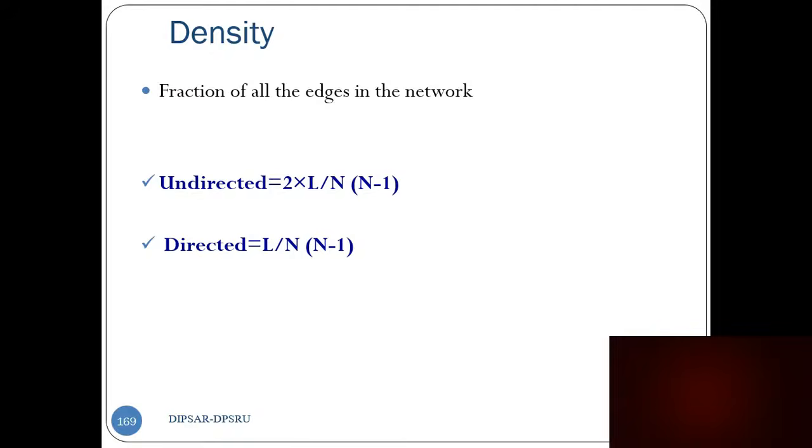Now my question to all of you is, why is there a difference? What is the difference in these two formulas for directed and undirected? Is there any difference in the formulas when we calculate the density? Density is the fraction. You are calculating the fraction of all edges in the network, right? Can anyone tell me what is the difference between these two formulas? First tell me the difference and then tell me why there is a difference. Anyone?